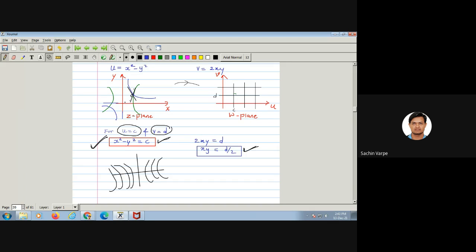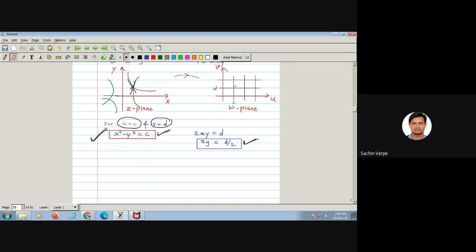And the quadrant hyperbolas will be like this, depending on the values of C and D. So geometrically it is clear now that the lines parallel to the U axis will map to a quadrant hyperbola, and the lines parallel to the V axis map to a rectangular hyperbola.